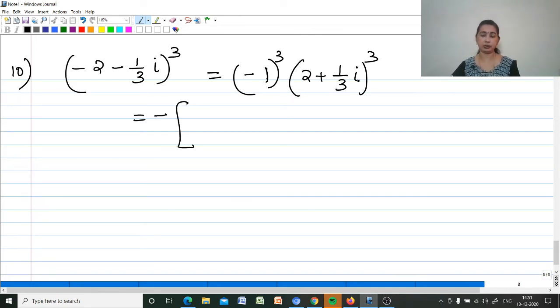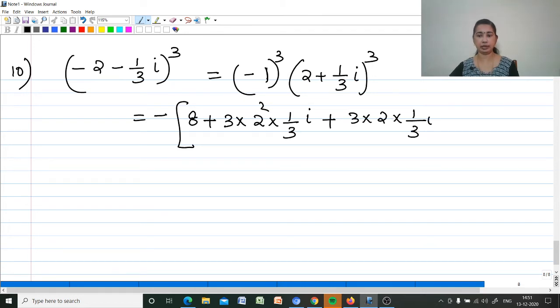Now we can expand using (a + b)^3, and we are getting 2^3, that is 8, plus 3 into 2^2 into 1/3 i, plus 3 into 2 into (1/3 i)^2, plus the last term (1/3 i)^3.